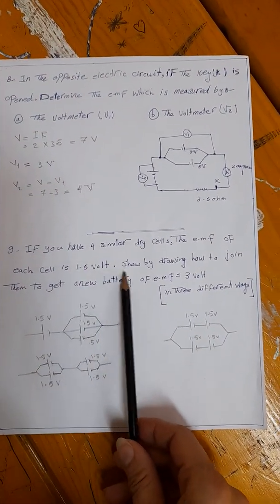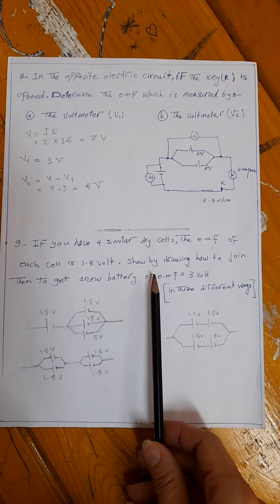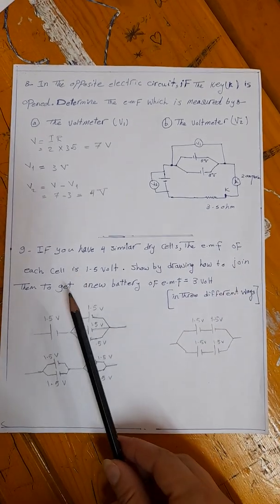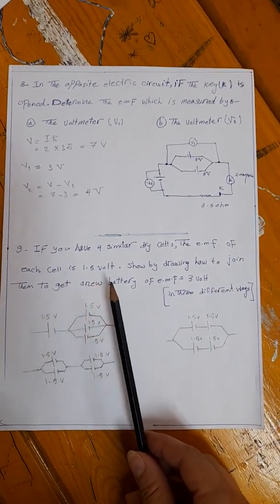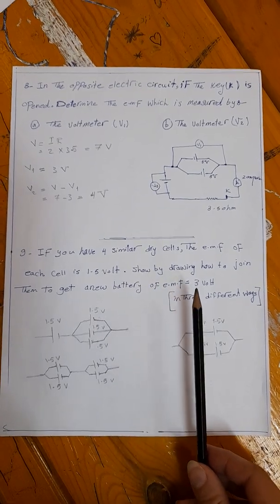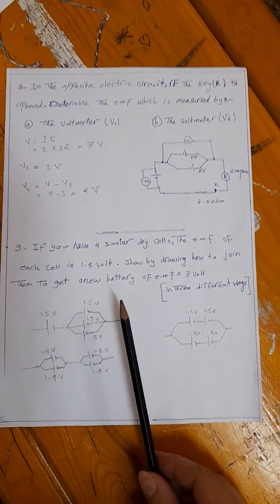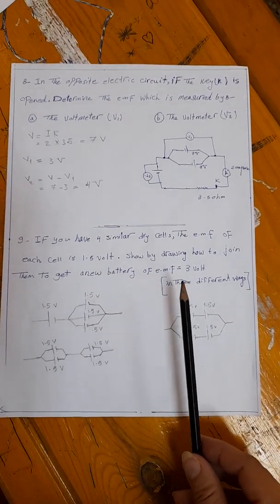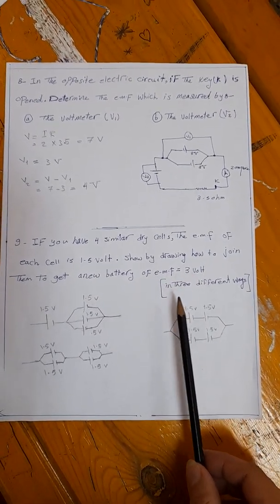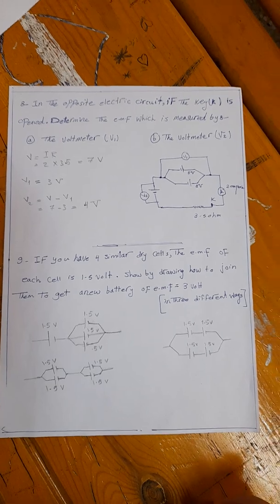If you have 4 similar dry cells, the electromotive force of each cell is 1.5 volt. Show by drawing how to join them to get a new battery of electromotive force equal to 3 volt in 3 different ways.